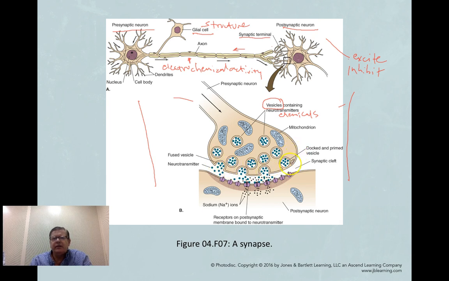This is somewhere that we see the release of neurotransmitters, the blue circles, into a space that we call the synaptic cleft. Now, the synaptic cleft is a fluid-filled space within which the neurotransmitters will freely float before they make contact with the postsynaptic neuron.